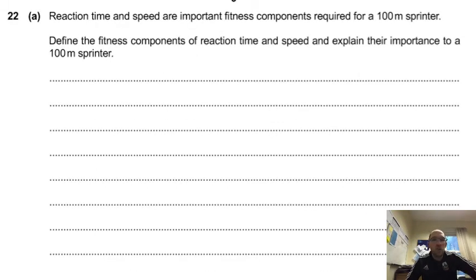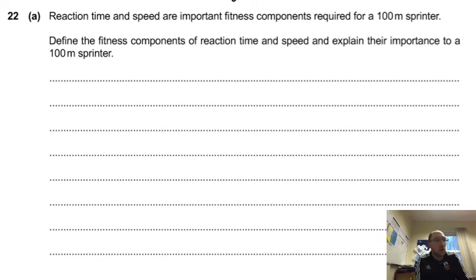22. Reaction time and speed are important fitness components required for a 100-meter sprinter. Define the fitness components of reaction time and speed and explain their importance to a 100-meter sprinter. So the examiner's report: this question requires candidates to show an understanding of 2 fitness components and to apply them to a 100-meter sprinter, showing the importance of each to the sprinter.